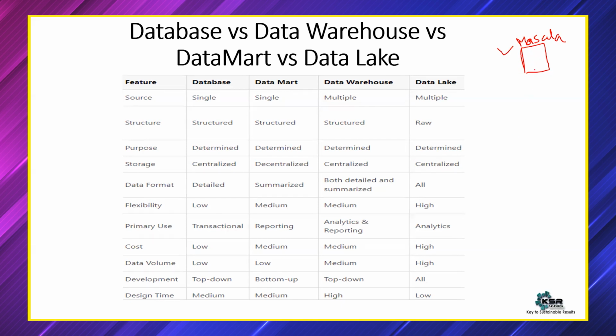Now, in simple terms, how does the flow of the journey of this masala take place? The raw ingredients are collected from the farmers, from the farm fields. Then all these raw ingredients come to the factory. I'll keep it as raw ingredients. There can be n number of raw ingredients.